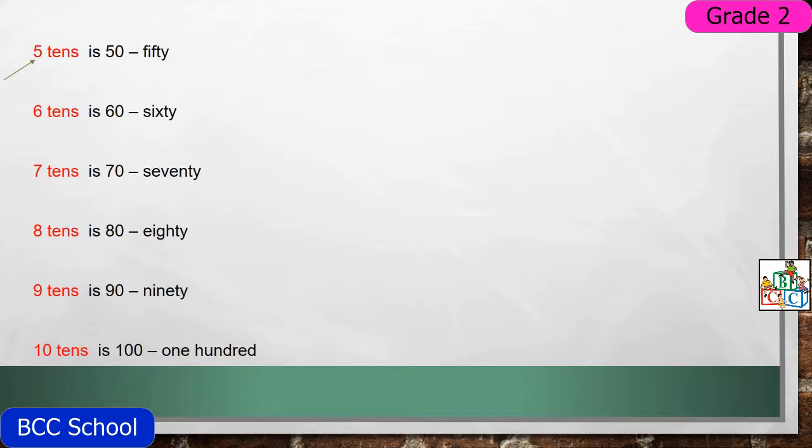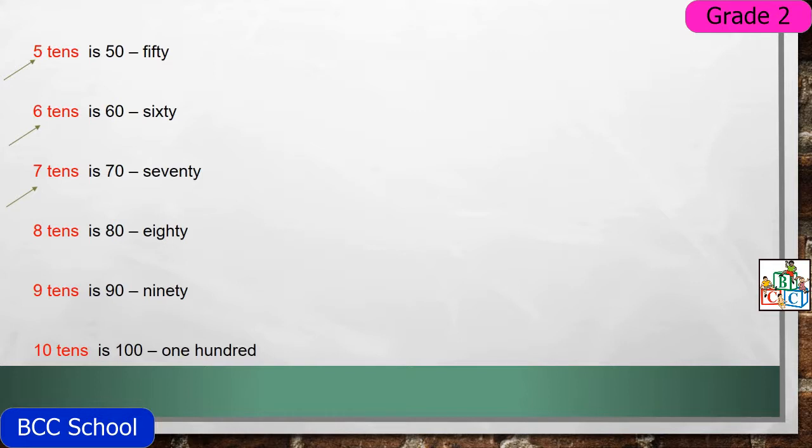F-I-F-T-Y, 50. Maintenant, 6/10 me donne how much? 60. 6/10 is 60. We're going to spell S-I-X-T-Y, 60. One more time. S-I-X-T-Y, 60. 7/10 will be 70. 7/10 is 70.